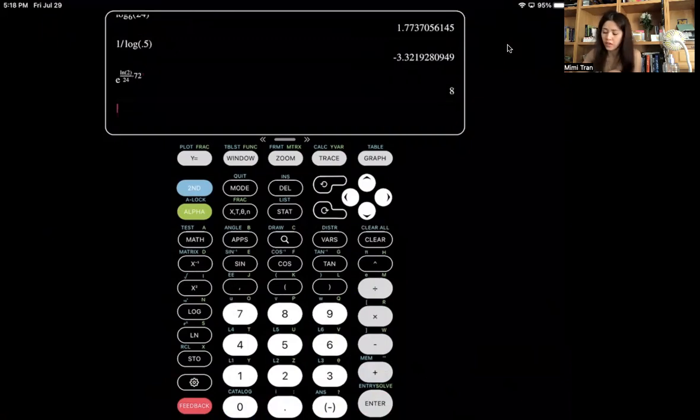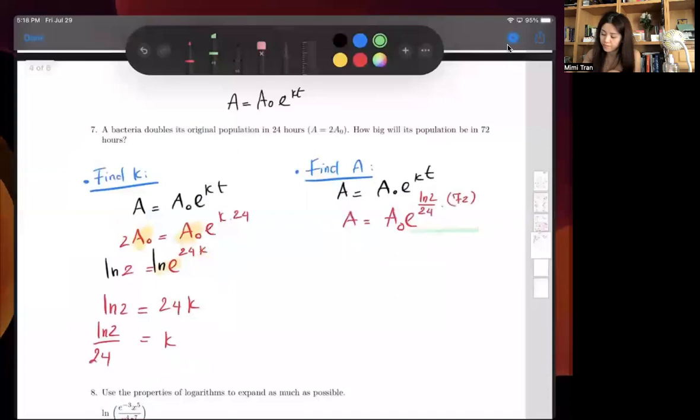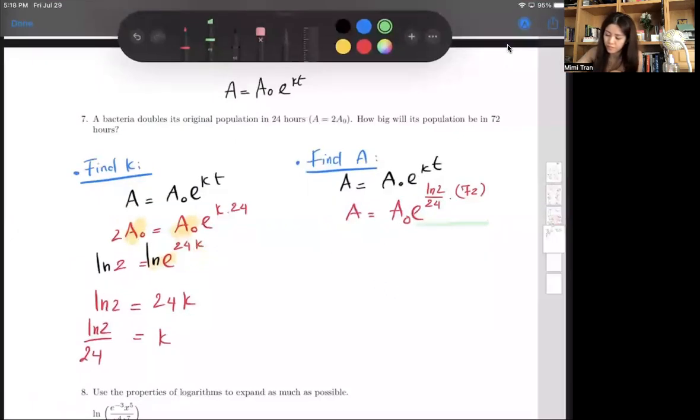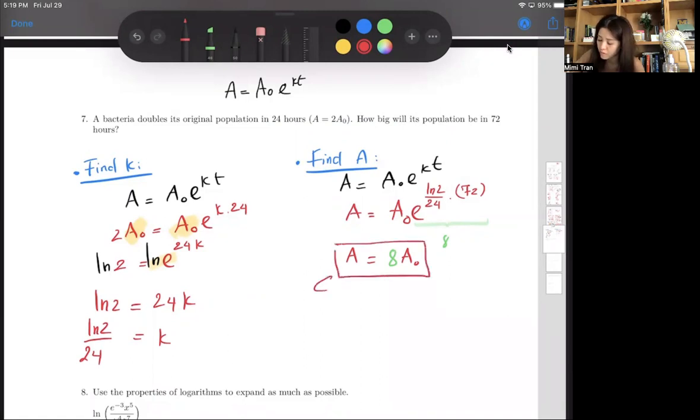Wow, these are nice. That equals 8, so A equals 8 A naught. It is 8 times as big as the original population after 72 hours.